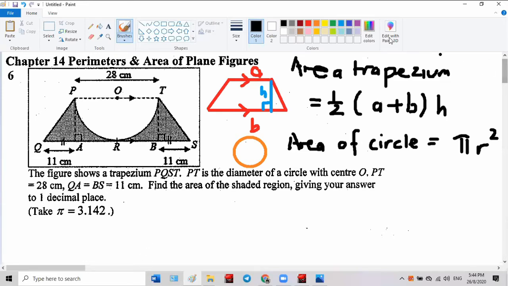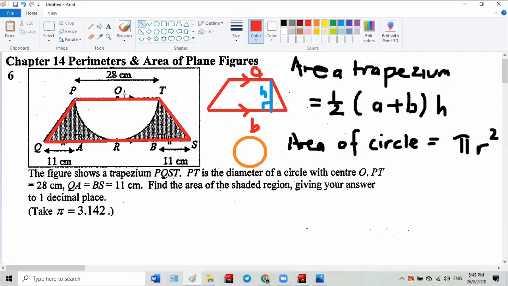The figure shows a trapezium. Here's the trapezium: P to Q, Q to S, S to T. So where are the parallel lines? There, 28.